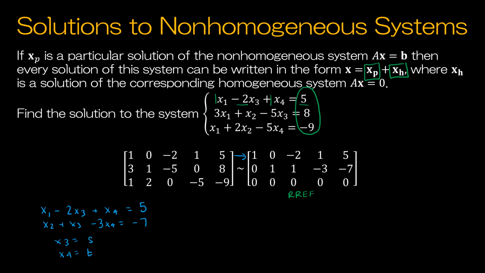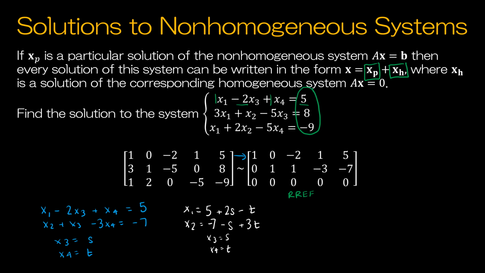So I'm going to rewrite this as x1 equals 5 plus 2x3, or 2s, minus x4, so minus t. x2 is equal to negative 7, and then I've got plus x3, so I'm going to subtract it, so minus x3, and then minus 3x4 means plus 3t, and then x3 is s, and x4 is t.